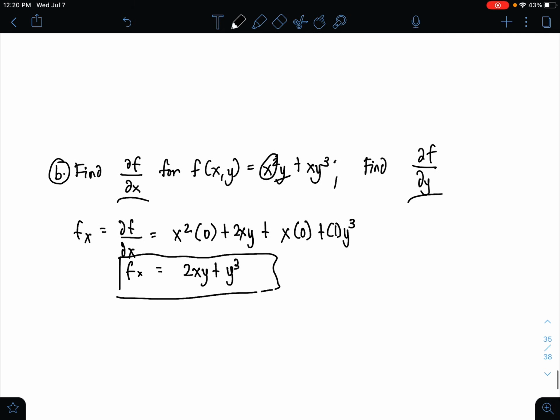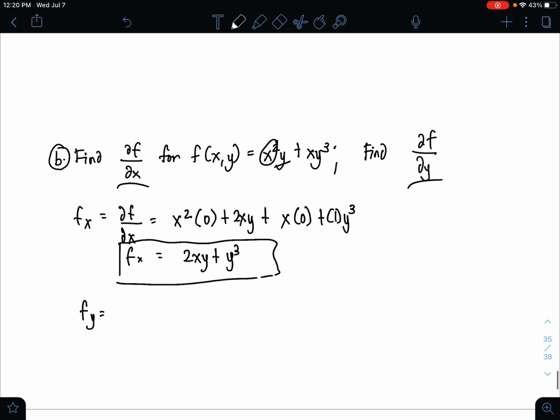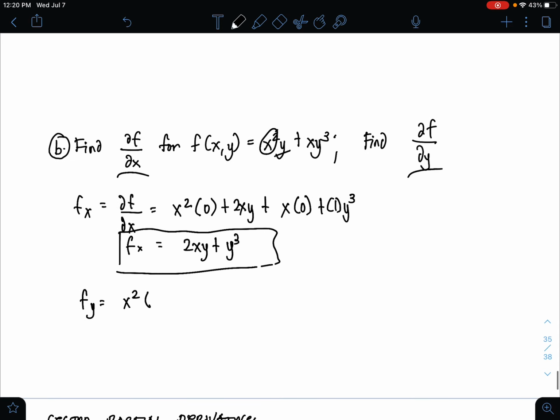Now, let's find df over dy. So, treat x as constant. So, therefore, that is u. So, u is constant, x squared. Derivative of y is 1.